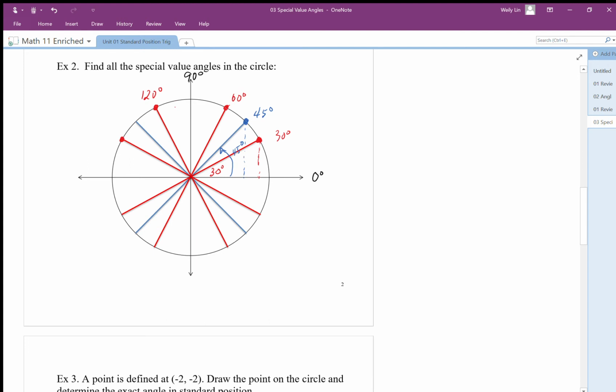So we go 30, 30, 30. These are all in 30-degree increments, these red ones. So that's going to be 150 degrees. And this is going to be related to 45 degrees. So it's going to be 45 degrees past 90, or 45 degrees short of 180, which is our west position. So that's going to be 180 degrees here.